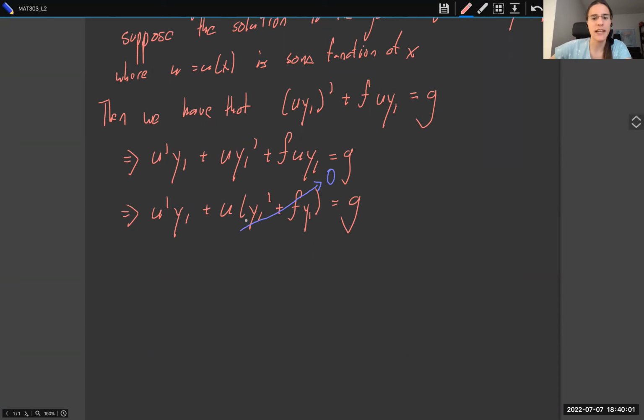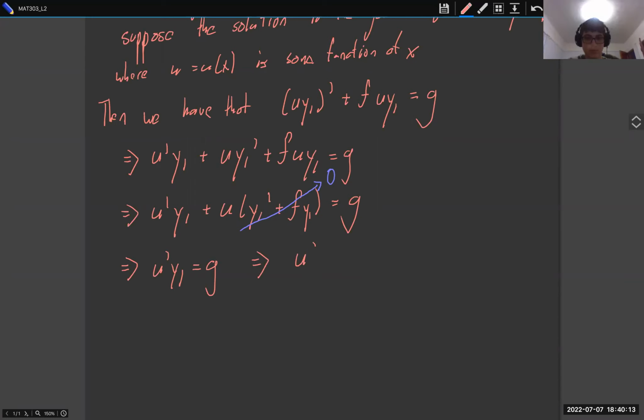And so what we get as a result is that u prime y1 is equal to g. And so as a result, u prime is equal to g times y1 to the power of -1.